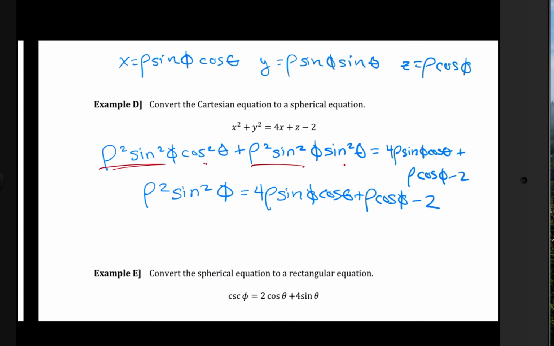And I think that's really all I can do here. So these don't really turn out very pretty, so don't be alarmed. Obviously the Cartesian is something we're a lot more familiar with, and we can probably do a better job identifying the surface for most Cartesians. The spherical sometimes turn out pretty ugly.